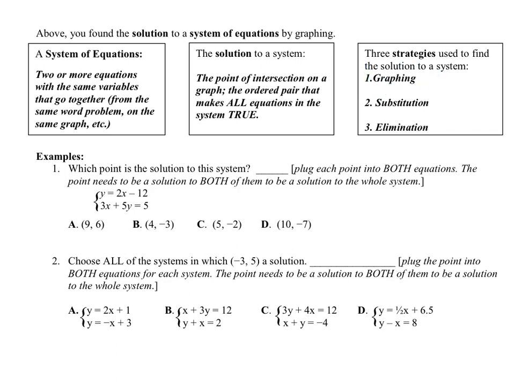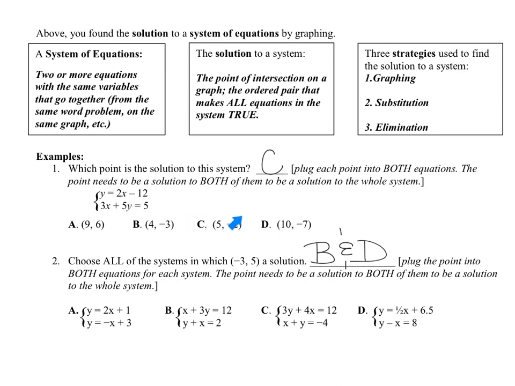So if you haven't already answered questions 1 and 2, make sure you do that. Pay attention to my hints here in italics that kind of help you think through that. So stop the video, do it if you haven't already. So for these 2 questions, rather than actually graph them and see what the graphs look like, because they were multiple choice questions, I was just figuring out which one of these ordered pairs will make both of these equations true.